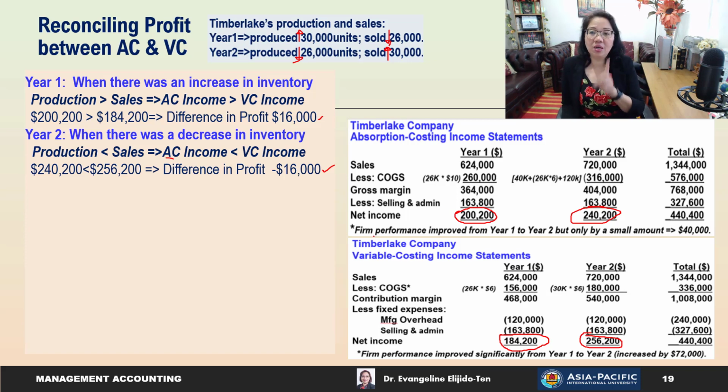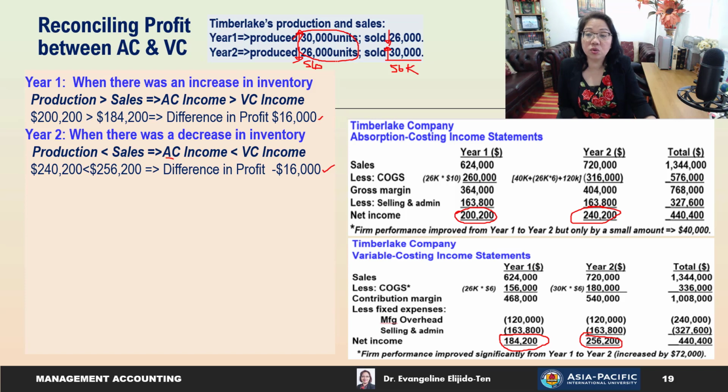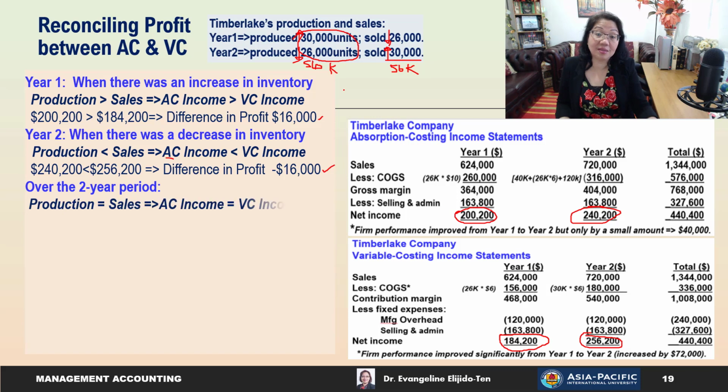All right. Notice that over the 2-year period, we produced 30,000 in year 1 and 26,000 in year 2. So that's a total of 56,000. What about the sales? Well, we have 26,000 in year 1, 30,000 in year 2. So a total of, again, 56,000. So in the 2-year period, production and sales are equal.